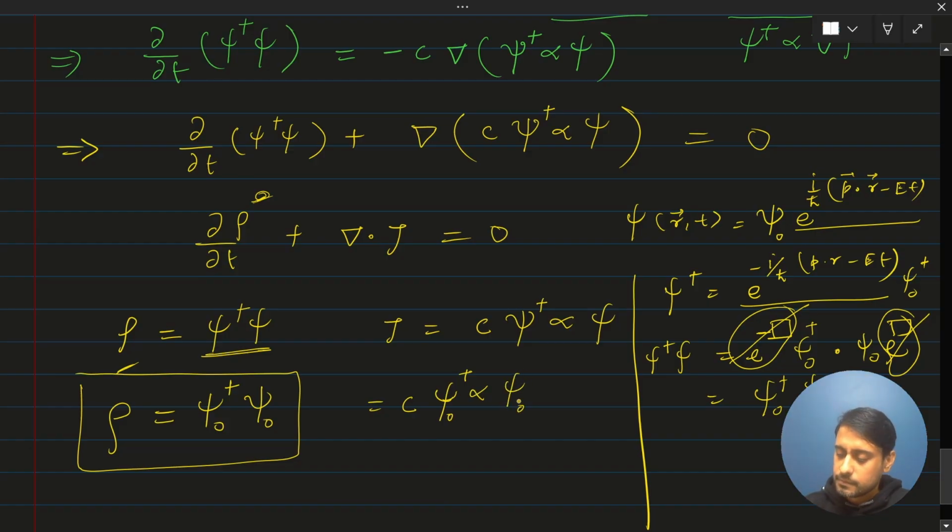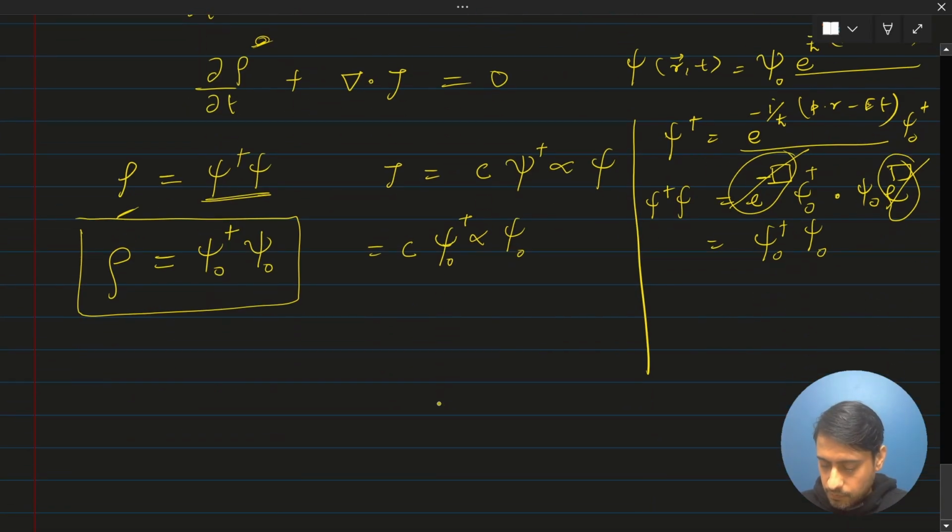In a similar manner you can check that the dagger and the exponential terms will cancel. Now you know that when we wrote the expression for energy, E equal to c alpha p plus beta mc square.